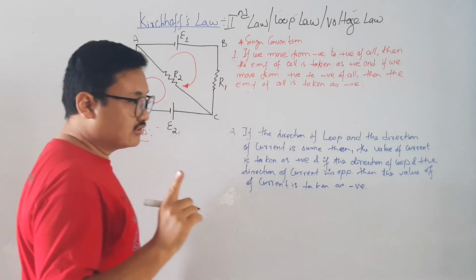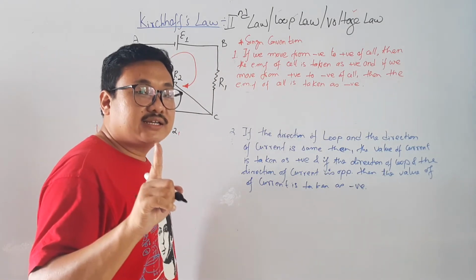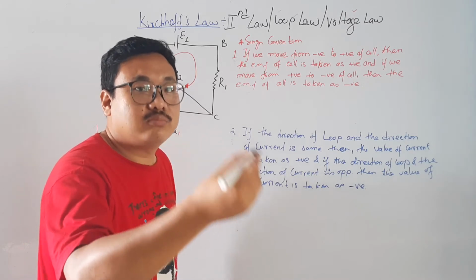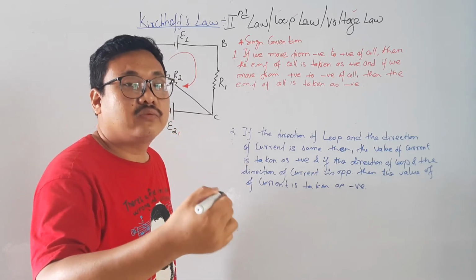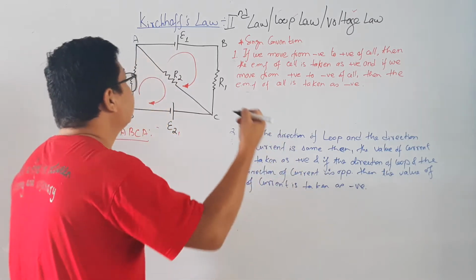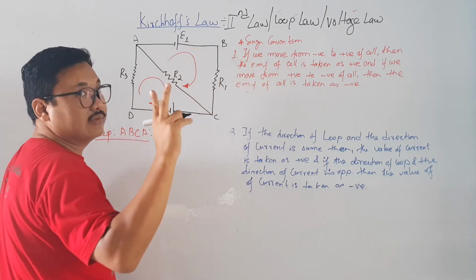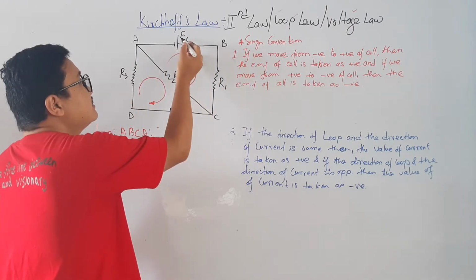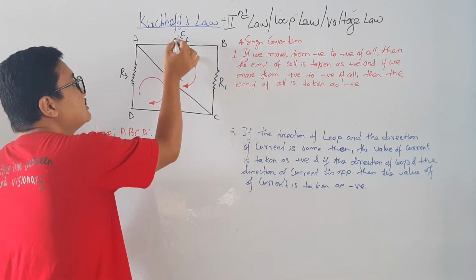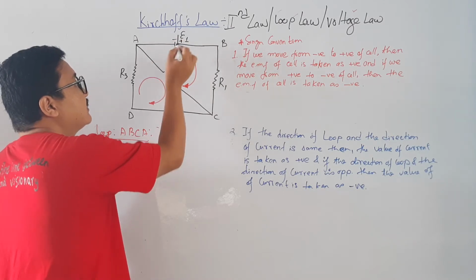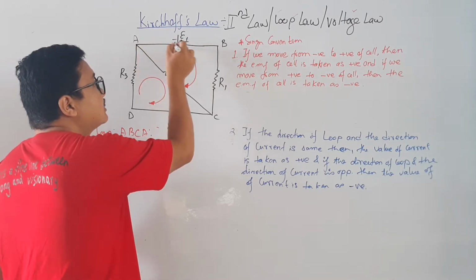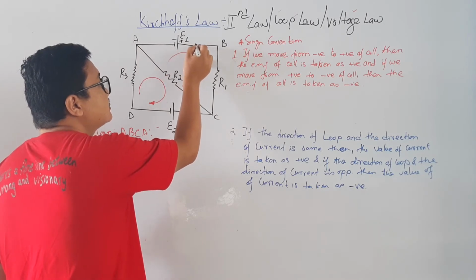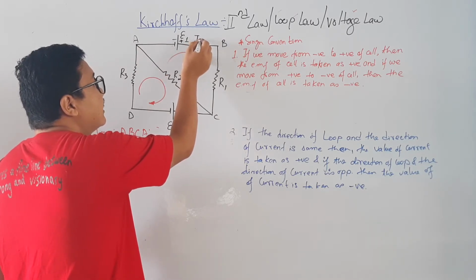We also know that current flows from negative to positive. Understood? If I see here, there are two EMFs, two cells, so I will consider E1 first. This is negative and this is positive. It means the current will flow in this direction. Let this current be I1.